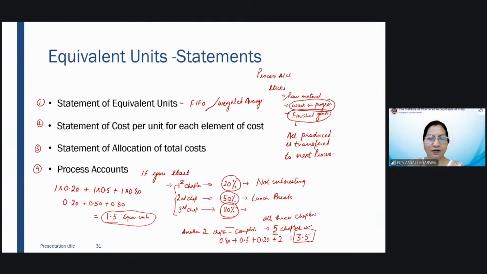All that we are interested in is how many units of opening work in progress there were, how much percent was already complete, how many fresh units have been introduced into the process in this period, and what is the status of the closing stock, normal loss, abnormal loss, or abnormal gain. So we are only interested in units.